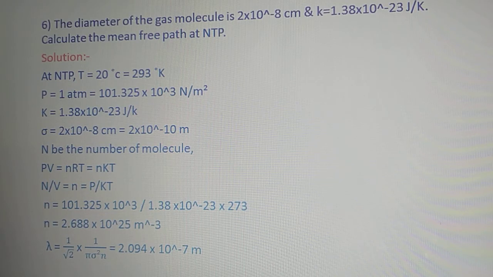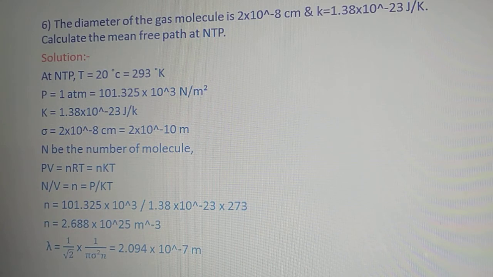Now Boltzmann constant is given to you, and sigma is given to you also in the problem. This is equal to 2 into 10 to the power minus 8 centimeter. If you convert it into meters, it will be equal to 2 into 10 to the power minus 10 meter.